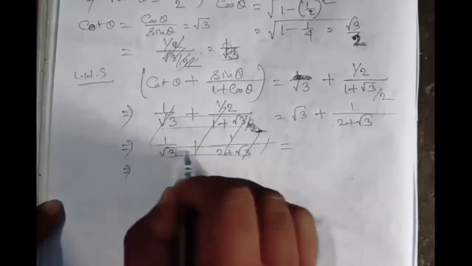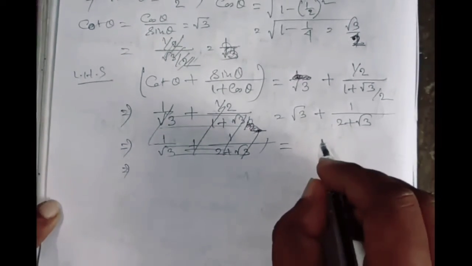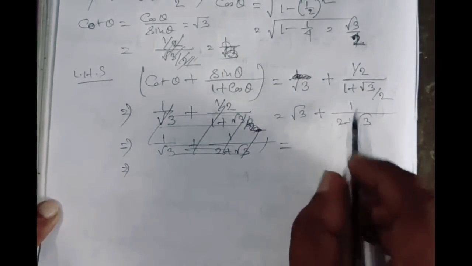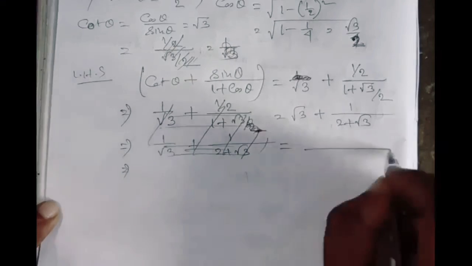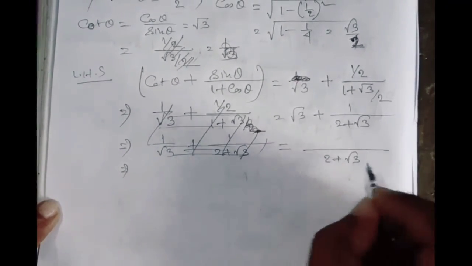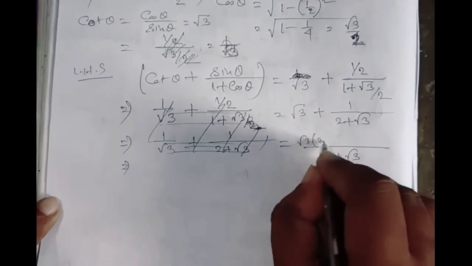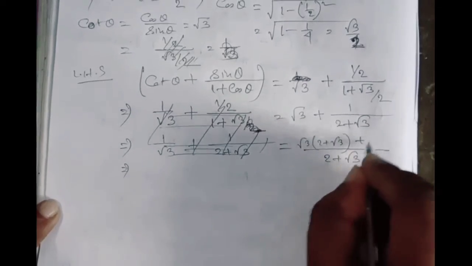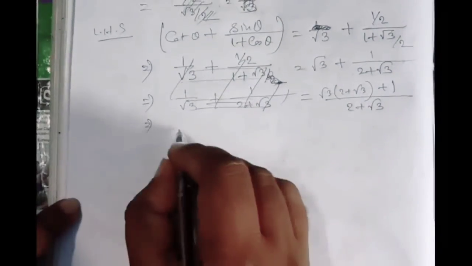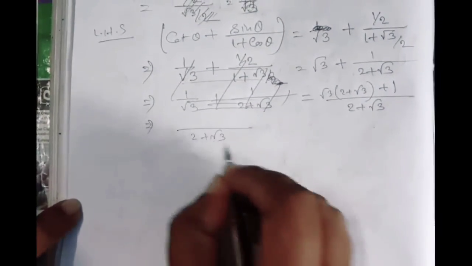Taking the common denominator, this is root 3 into 2 plus root 3 plus 1 by 2 plus root 3.